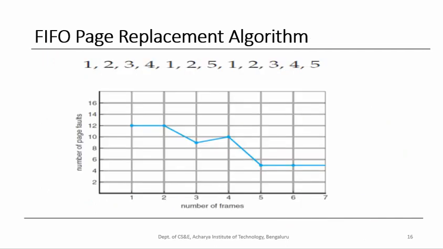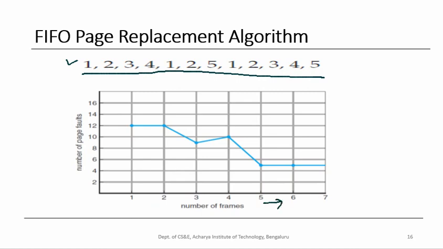Okay, before taking up the next page replacement algorithm, that is the optimal page replacement algorithm, what is shown in this slide is we have taken one more reference string like this and plotted a graph of number of frames against number of page faults, number of page faults along the y-axis and number of frames along the x-axis.